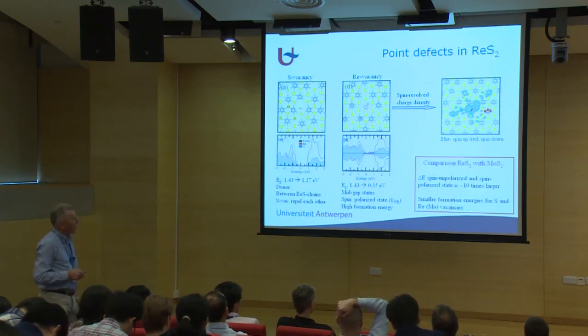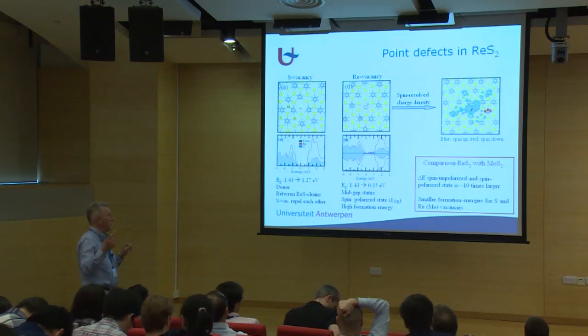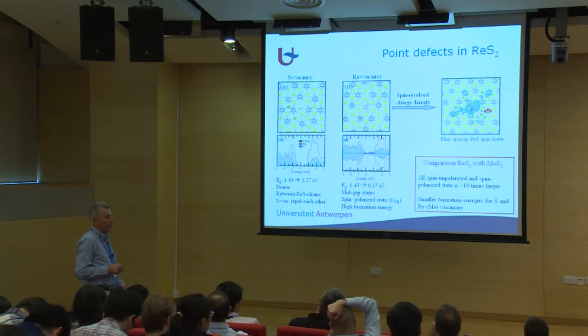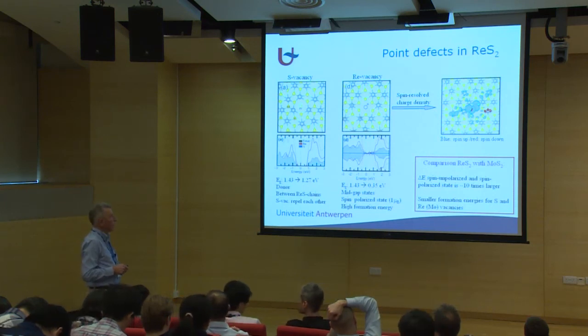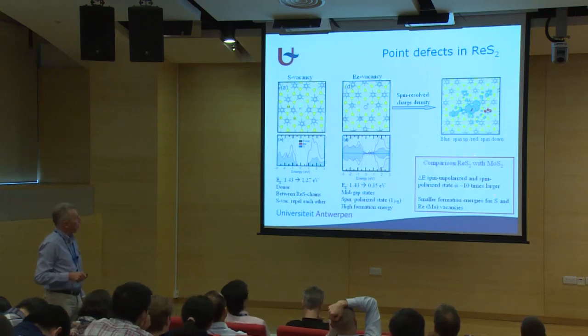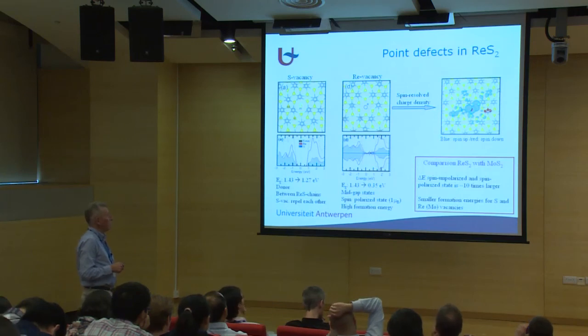Now, if you compare the energy difference between a spin unpolarized and a spin polarized state for rhenium disulfide and molybdenum disulfide, it's about 10 times larger in rhenium disulfide. So magnetism is expected to be more robust. And you also find that the formation energy for a sulfur vacancy in rhenium disulfide is smaller than the one in molybdenum disulfide. So it means that it will be more prone to point defects in that case.